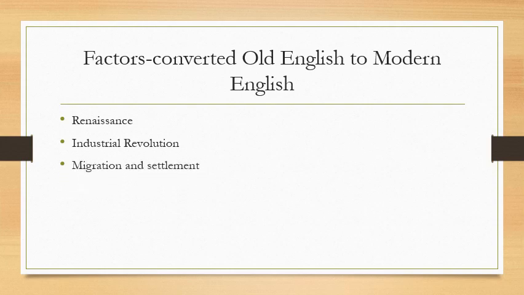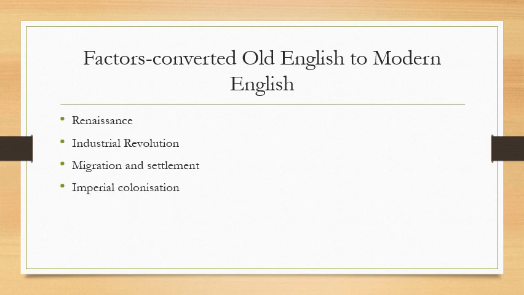And then we have migration, very, very important. When people just went from place to place to find new settlements, new lands, like they moved from England to USA, Australia, Canada, New Zealand, and then they found there was a gradual change in English.